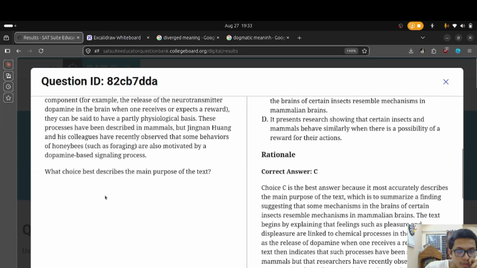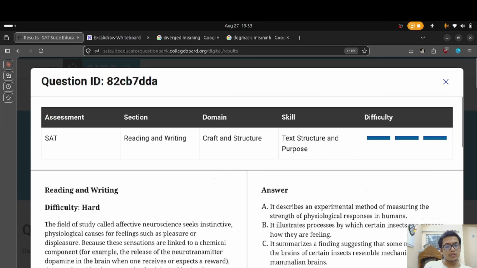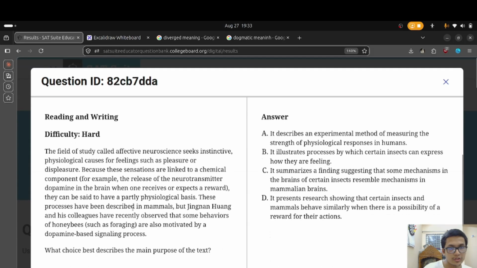Another text and purpose question. The main purpose of this text. Okay, we'll remove the option. The field of study called affective neuroscience seeks instinctive physiological causes for feelings such as pleasure or displeasure.